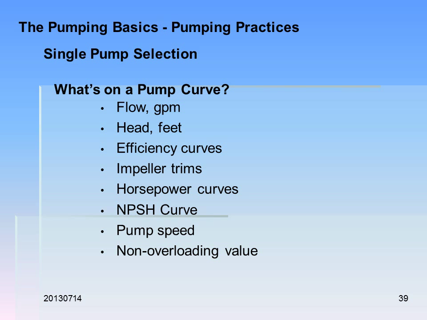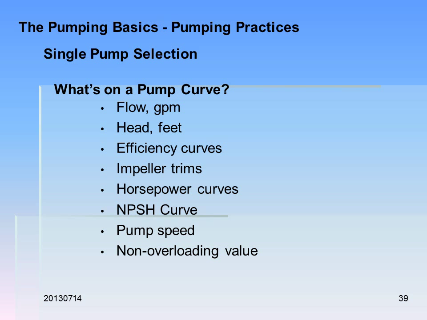Might not see every one of these on every pump curve, but these are all things that we need to know. Mostly the first things we're looking at are flow and head, and then of course we want to see the efficiency curves, and we have to know what the horsepowers are, etc. And we always want non-overloading pumps.